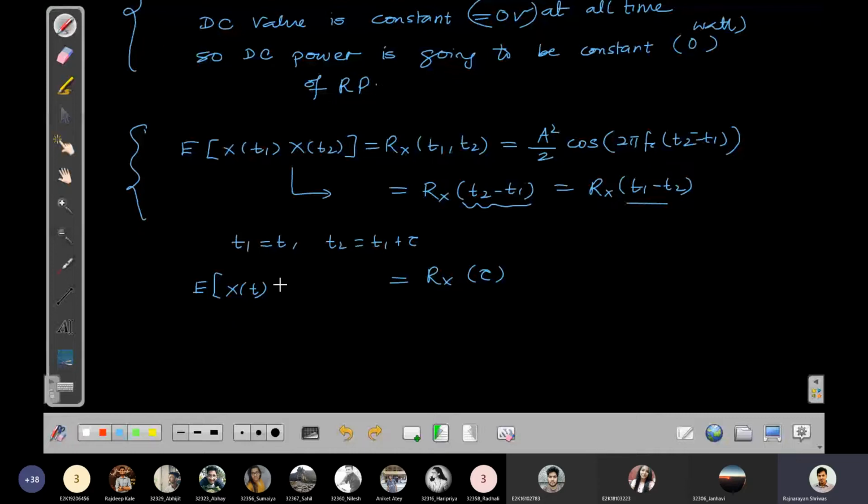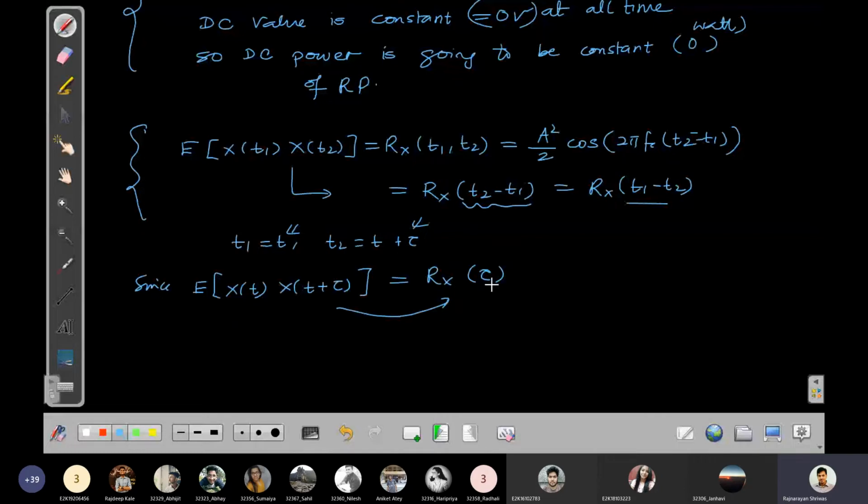So they choose the times purposely as t and t plus tau, and it is only a function of time difference.